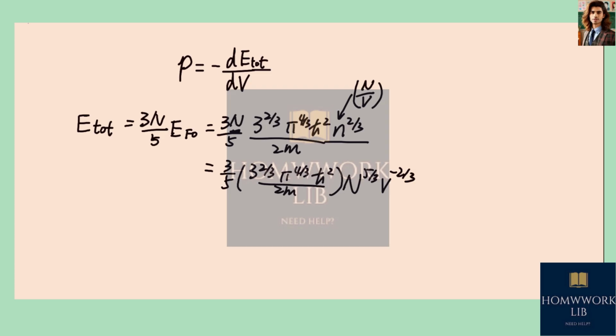And then we can find the pressure by taking the derivative of this with respect to volume, negative dE total over dV. All of this will not change, it will remain the same.